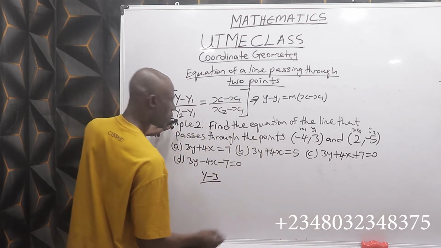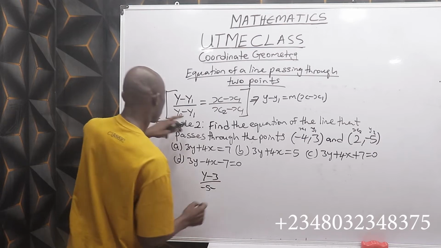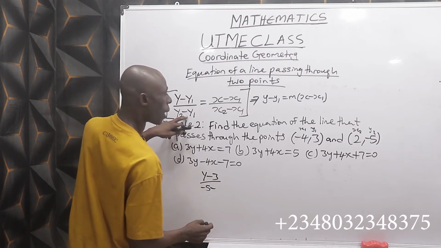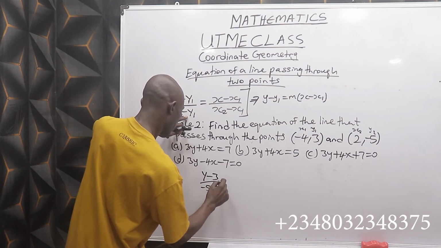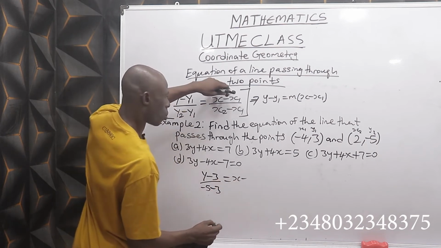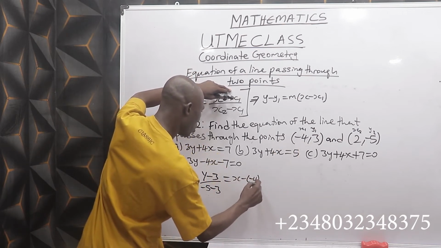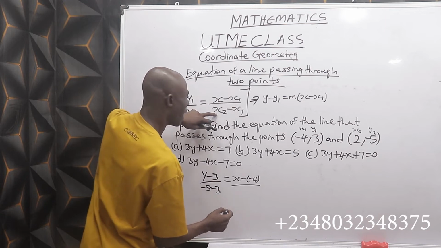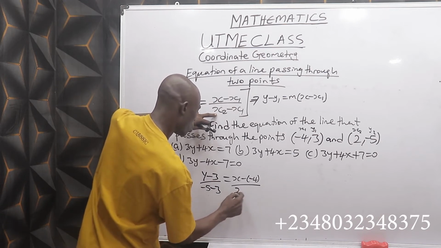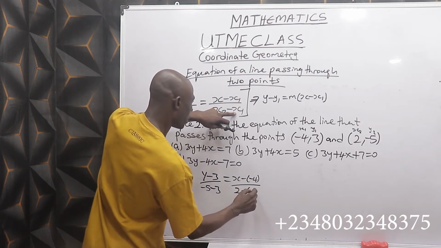So y2 is minus 5, minus y1, y1 is 3, equals x minus x1. x1 is minus 4, over x2 is 2, minus x1, minus 4.